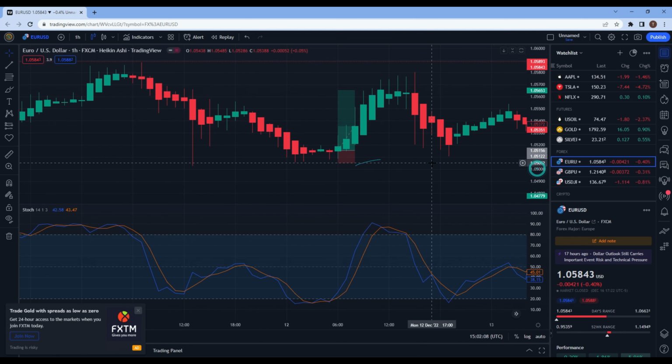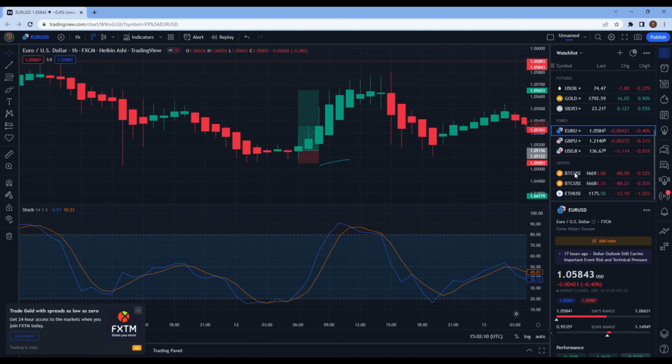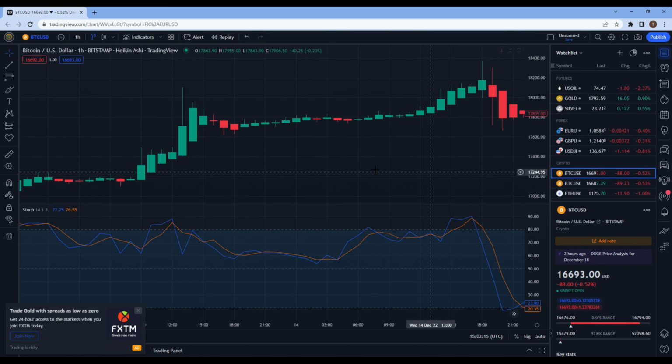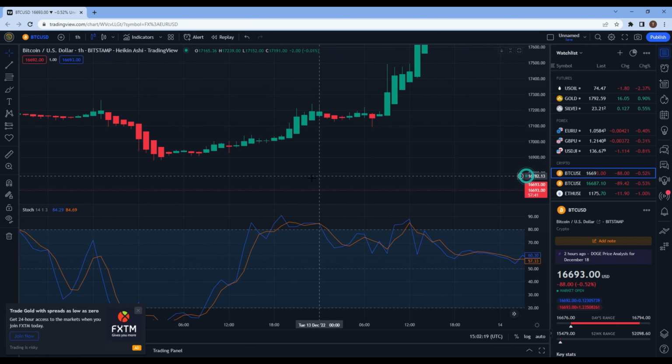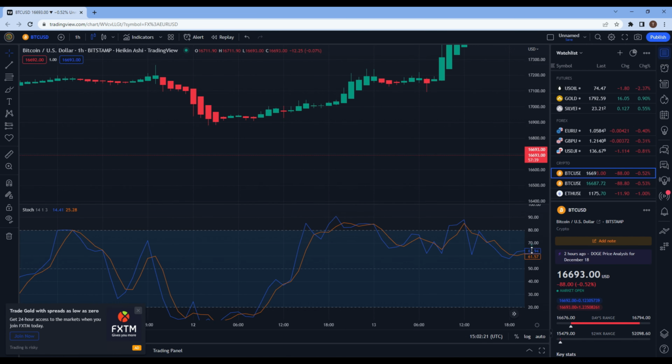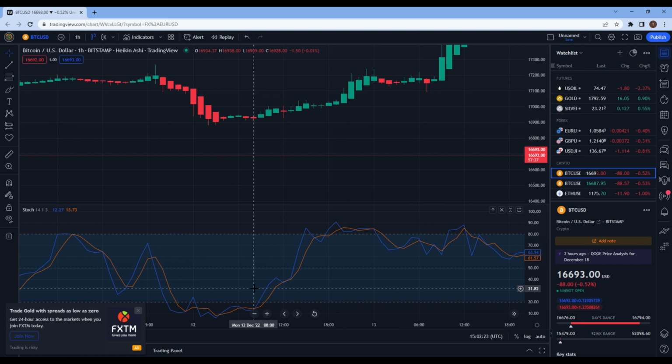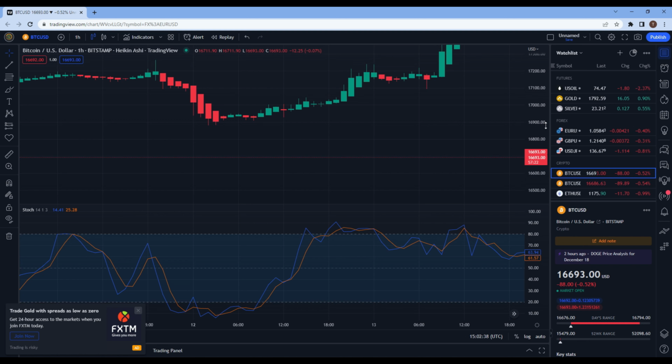Okay, let's try it on a crypto pair. If you want to try it, we will open BTC. Let's check whether it's working in BTC or not. Well, in crypto you have to look at other aspects also, because the crypto market is moving alongside BTC, and you have to see the BTC dominance, etc. You can take it, and I think it works in crypto also, but you have to analyze the market more.